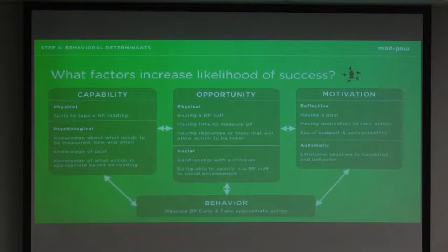Sure. Are you going to make some of these things concrete in this particular case, like emotional reaction to conditioned behavior? Are you going to say something specific with high blood pressure, or is that just an abstraction here? And that's as far as we go. So when you're describing the determinants like this, this is just the factor, right? So you know that there is some emotional reaction.